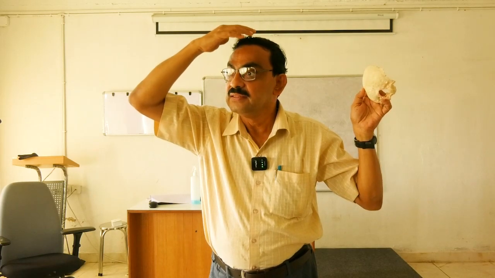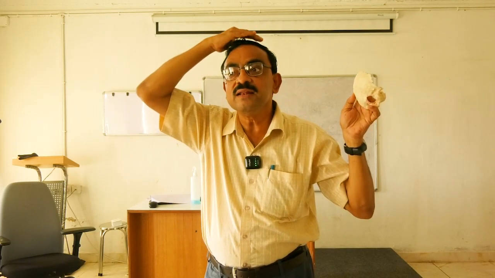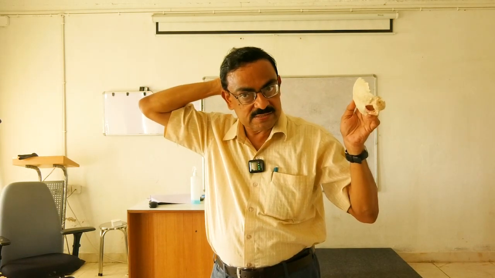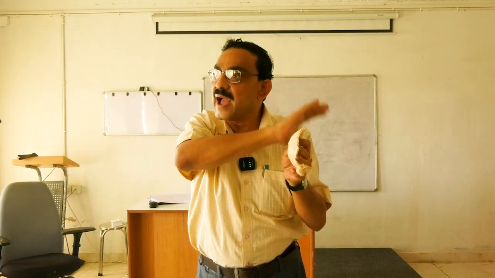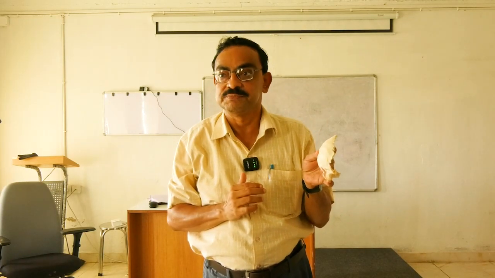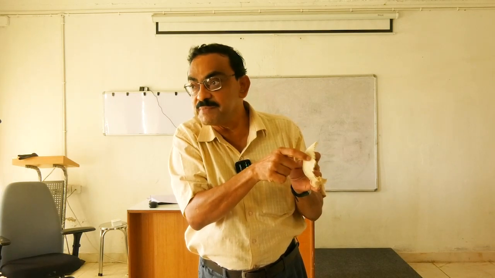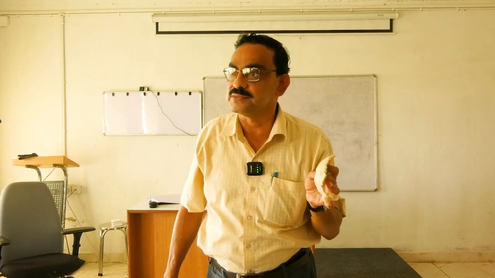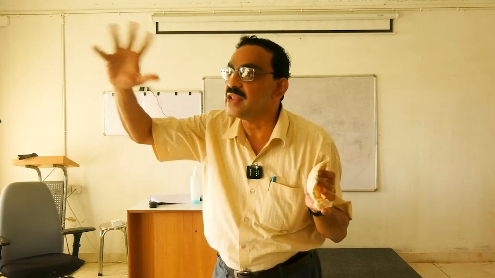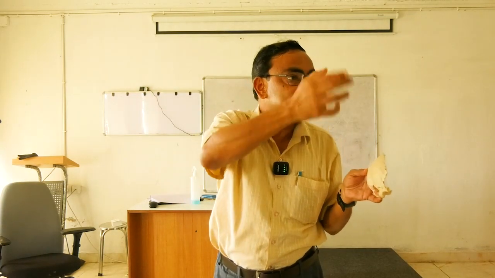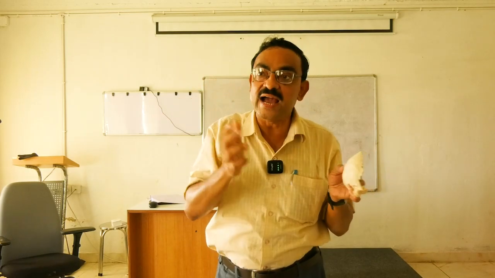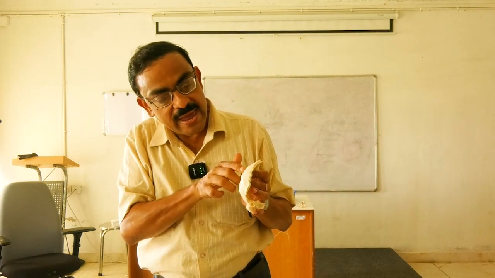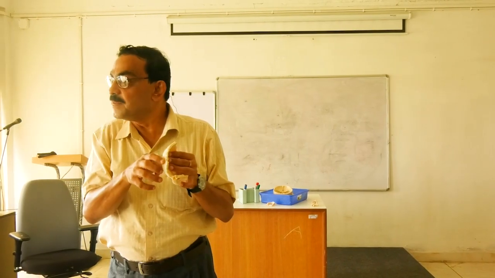The occipitalis muscle is attached here along with the epicranial aponeurosis or galea aponeurotica. Galea means helmet; it looks like a helmet. So here we will get the occipitalis.